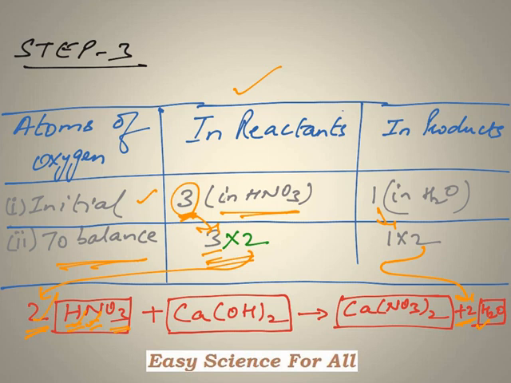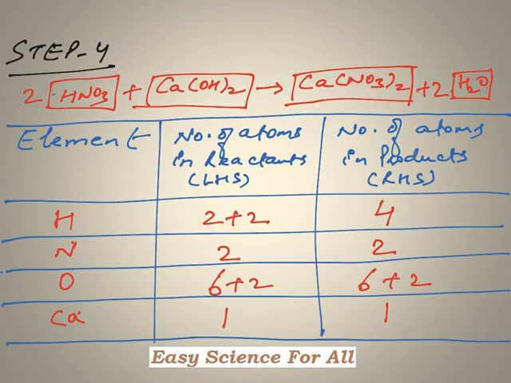Once I do that, I get an equation like this, and this is the 4th step. I am just looking at what changes have been made in the total count. You can see that 2 into 1 becomes 2, and this 2 comes from here. So the hydrogen atoms are balanced, because now 2 into 2 becomes 4.